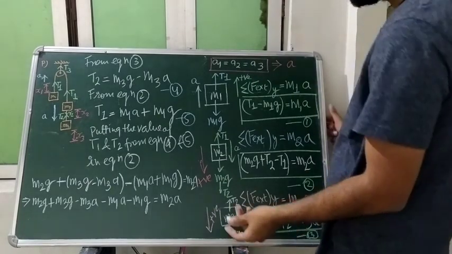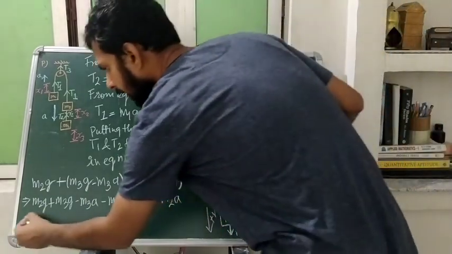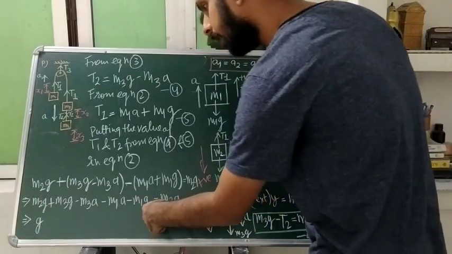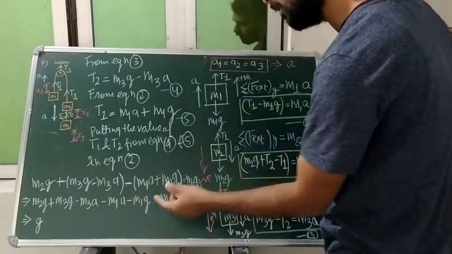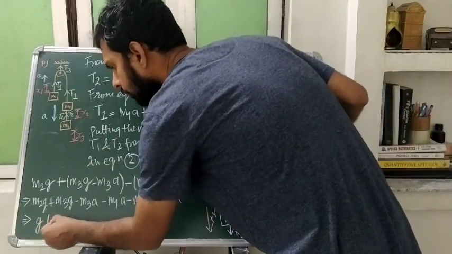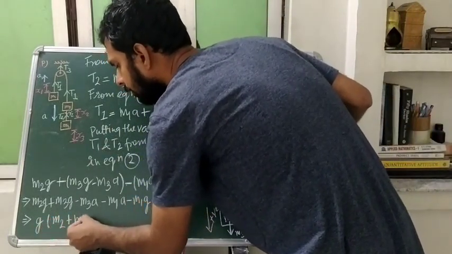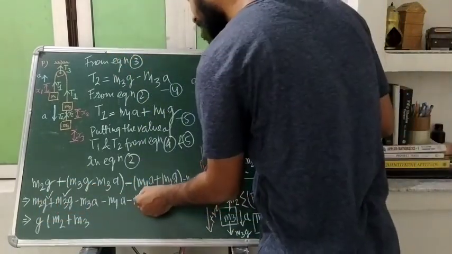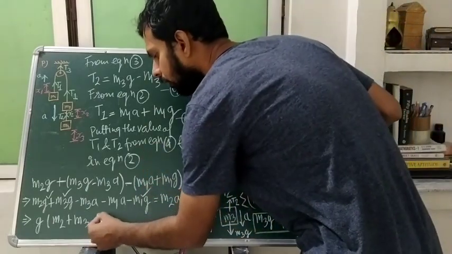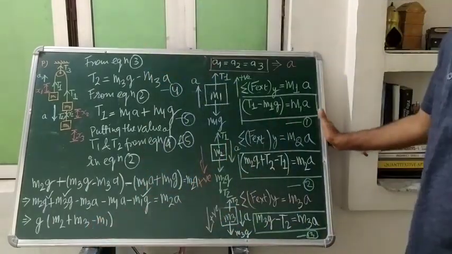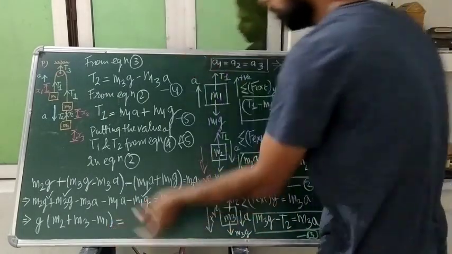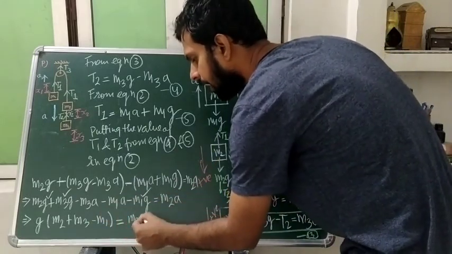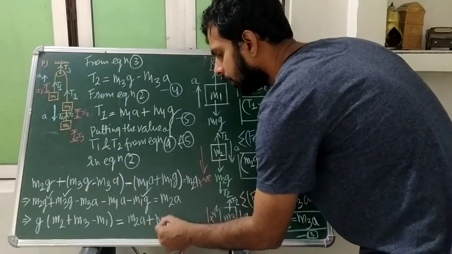Now we will take G common from here. So when you take G common, G times minus M1 is here and M2 is here. So M2 plus M3 will come from this and this. And G you have taken common, so from here minus M1 you will get, and on this side we will bring out all the other A terms, so it will become M2A plus M1A, isn't it, student?